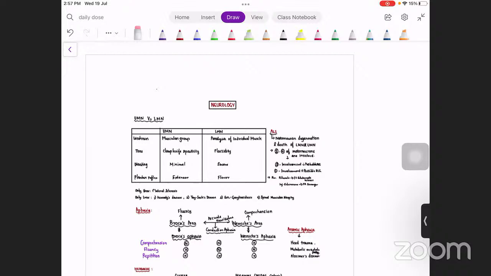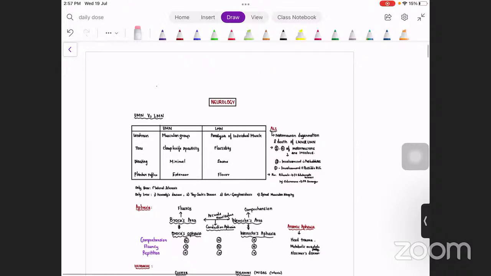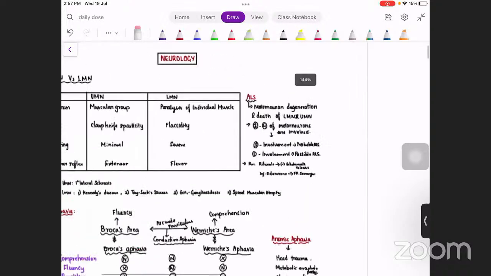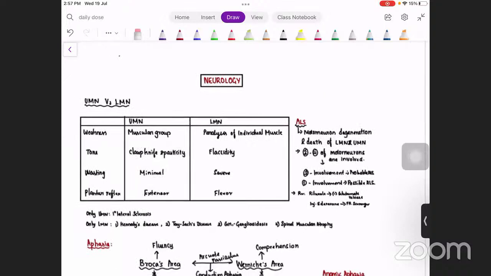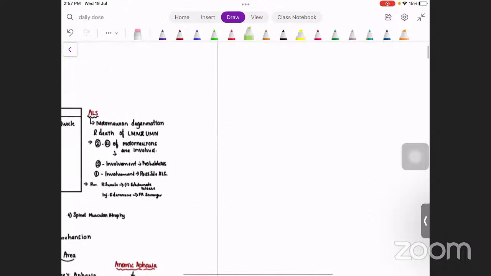Now speaking about neurology, the first thing we are going to talk about is UMN and LMN lesions, upper motor neuron and lower motor neuron lesions. In the brain we have the primary motor cortex.